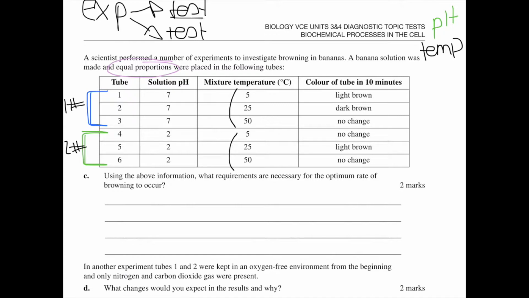Within each of these tests, you're able to have its own independent variable, as long as all the other variables have been kept the same, you're able to then compare that data. So with test tubes 1, 2, and 3, you're keeping the pH the same, but only changing the temperature. So for that test, the independent variable would be the change in temperature. Okay, hopefully you can see that.